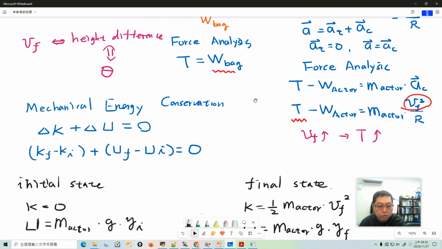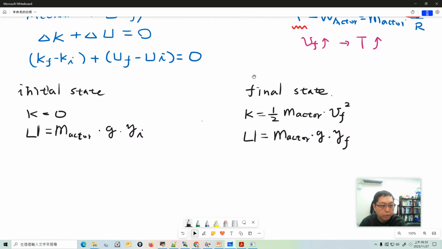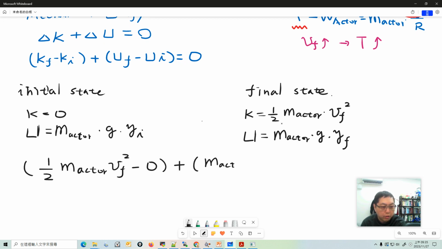Okay, we can put all this information into the mechanical energy conservation. So 1 over 2 m actor Vf squared minus 0, plus m actor times g times yf minus m actor times g times yi, equal to 0.